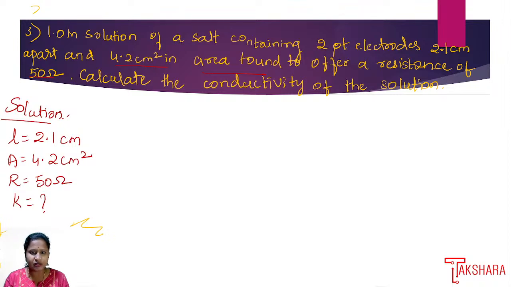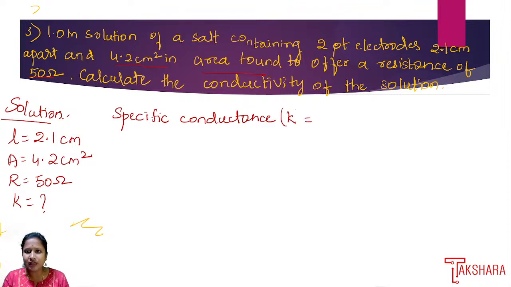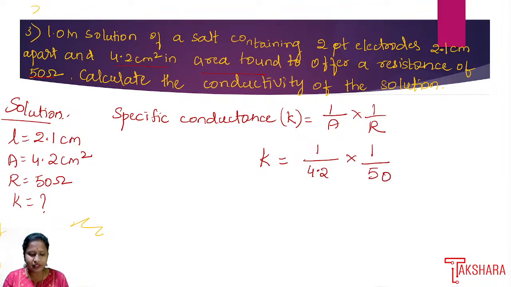We know the formula: specific conductance is denoted by the symbol K, that is equals to 1 by A into L by R. Sorry, this is L by A into 1 by R, where L is 2.1, A is 4.2 and R is 50. So K is equals to 2.1 by 4.2 into 1 by 50.